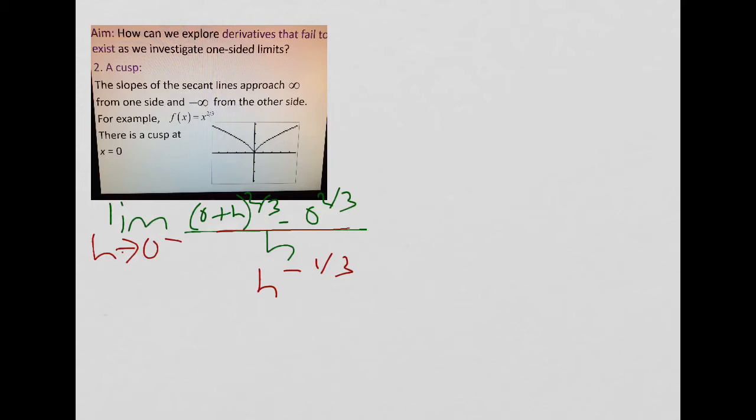If you were to look at the graph of this, it is 1 over the cubic root of h. This is what they're describing in the definition, but let's continue to look at our derivative here. It's true that h to the negative 1/3 power as h approaches 0 from the left is negative infinity, as h approaches 0 from the right is positive infinity.